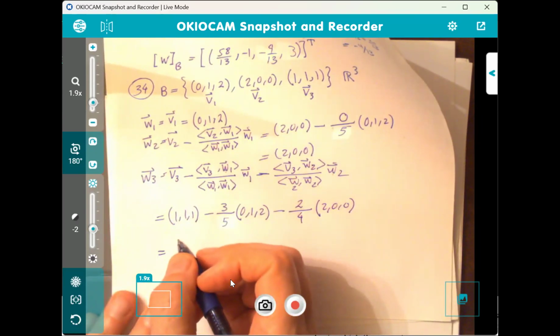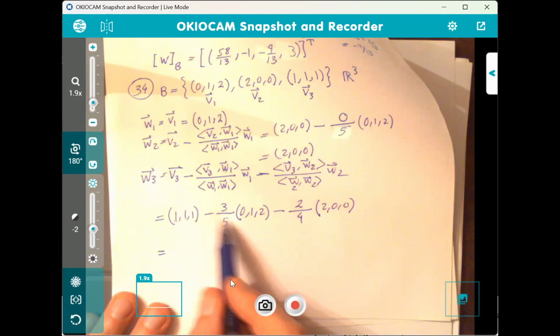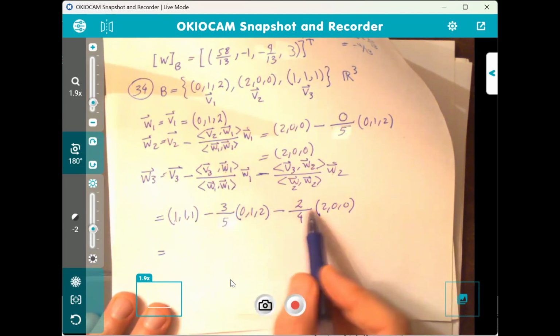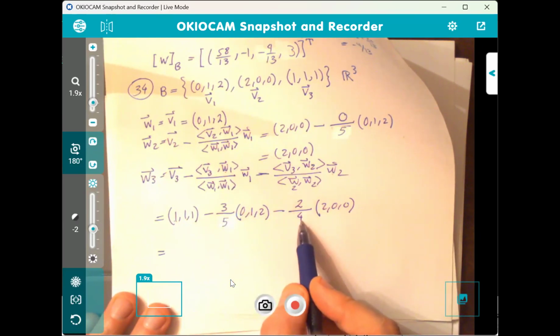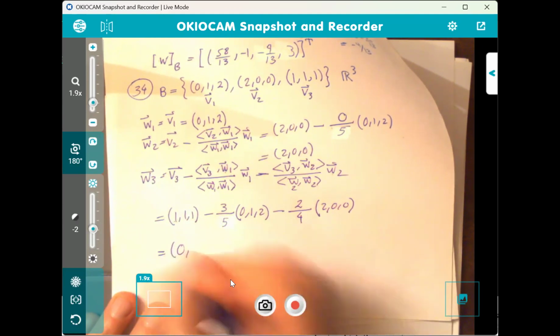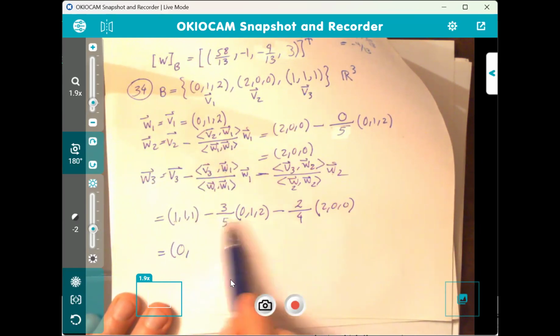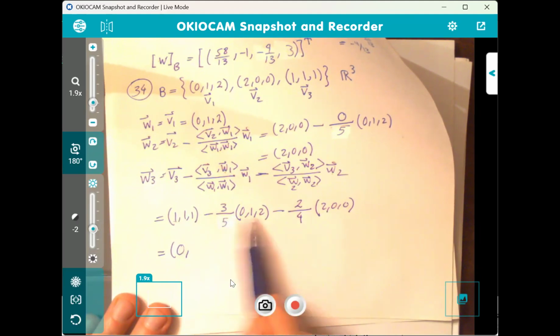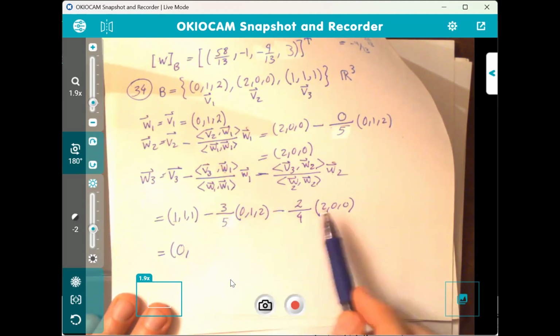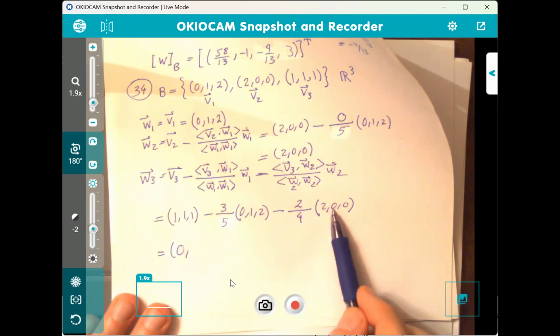And what do we get here? 3/5 times 0 is 0. 2 times 2, 4/4 is 1. So it's 1 minus 1. We get 0. The second component, it's 1. Negative 3/5 times 1 is negative 3/5. So it's 1 plus negative 3/5. That's 2/5. 2/4 is 1/2 times 0 is 0.